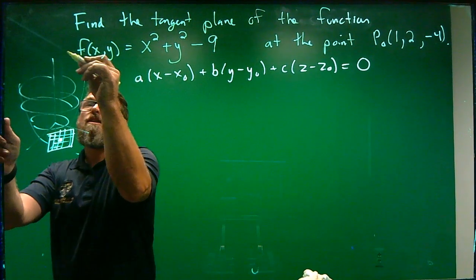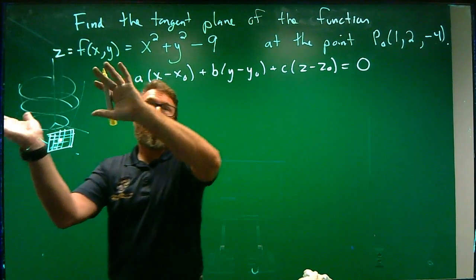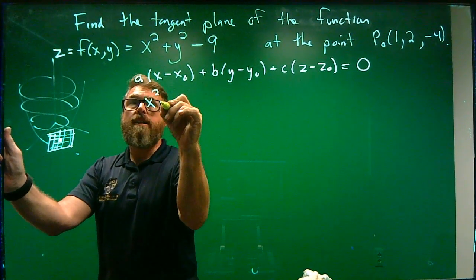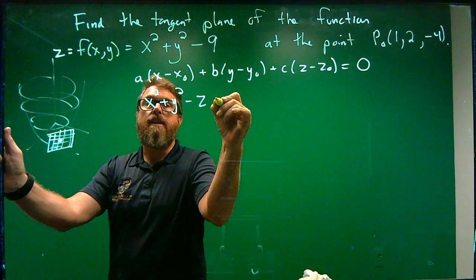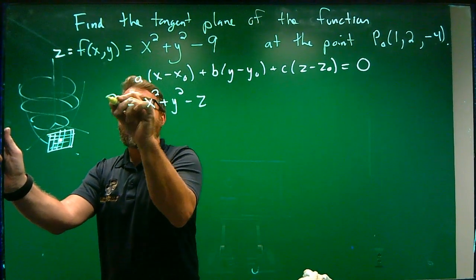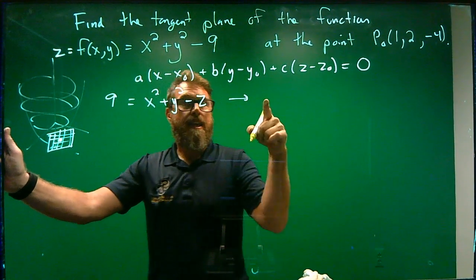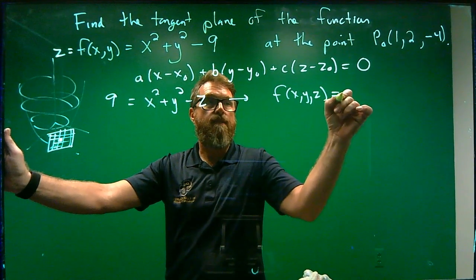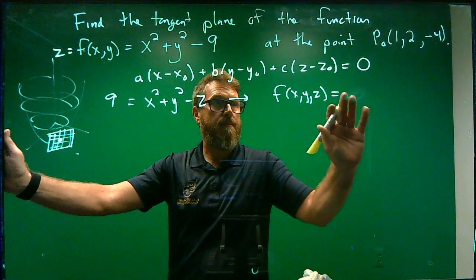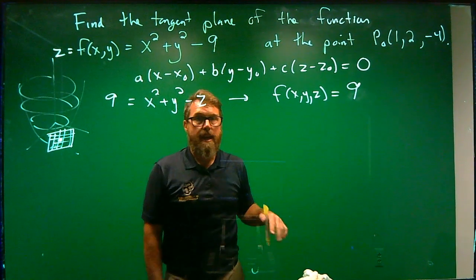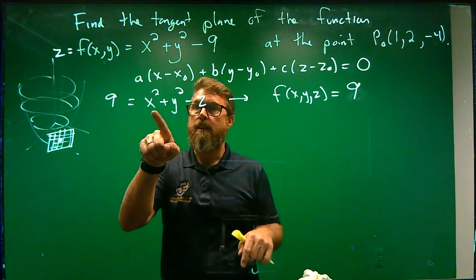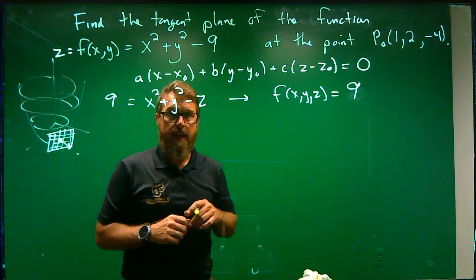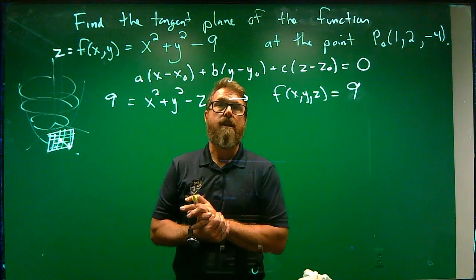So when we send this to the other side and send the constants to the left, this can be written as x squared plus y squared minus z is equal to 9, which really says that this is some level surface of some x, y, z function that's equal to 9. And since it's some level surface, I know that the gradient of this thing is going to be normal to this plane. So that is the exact same concept that we did with tangent lines.